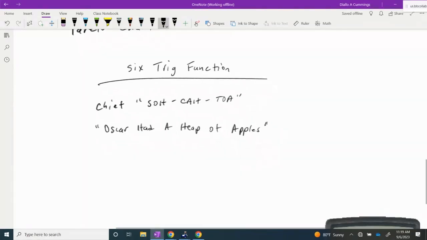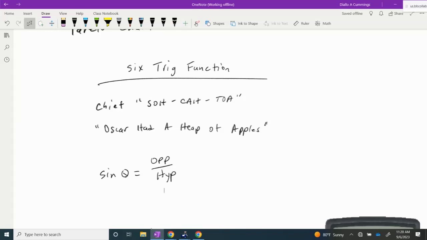All right, so what this means is the sine of some angle is the opposite over the hypotenuse. So that's what it is in Chief SOHCAHTOA. So you're going to hear me say this a lot. The SOH part alludes to the fact that the sine is the opposite over the hypotenuse.